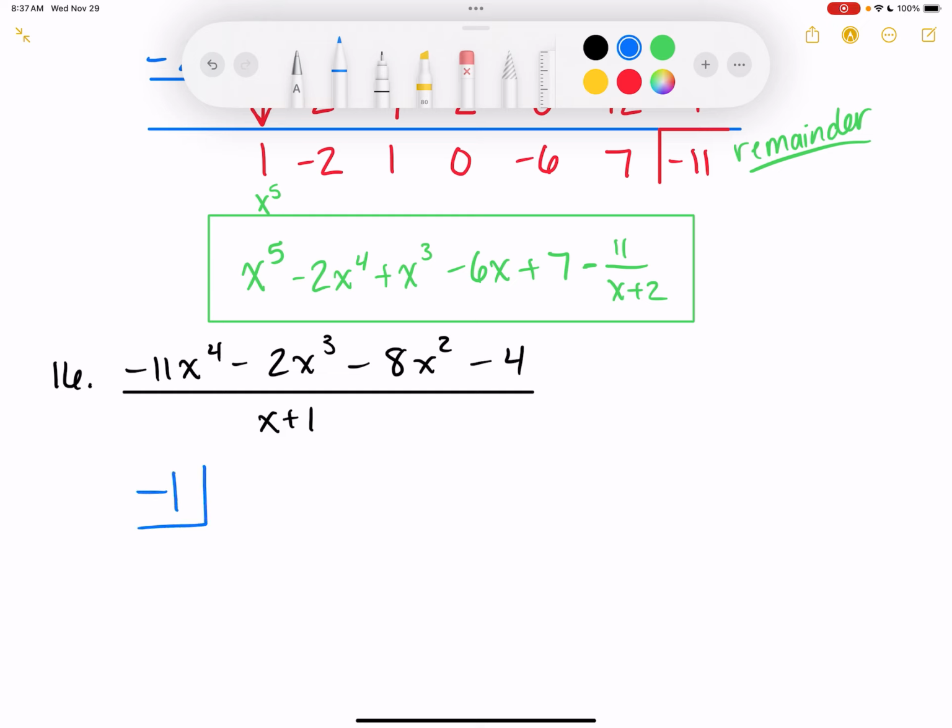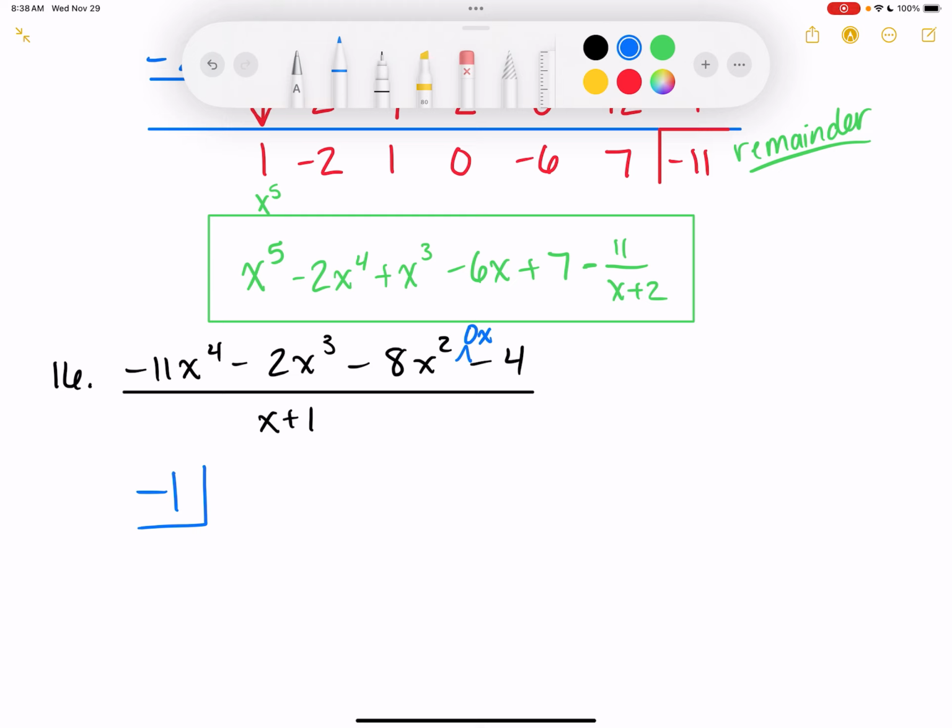And then I'm going across. So I have a 4th term, a cubed term, a squared term, but I'm missing an x term. So when I get to that x term, I need to have a 0x put in there. If you struggle with remembering to put in that 0 term, because that happens a lot, when you see any terms missing, go ahead and write it in as whatever term is missing, so when you go to write them here, you don't forget.